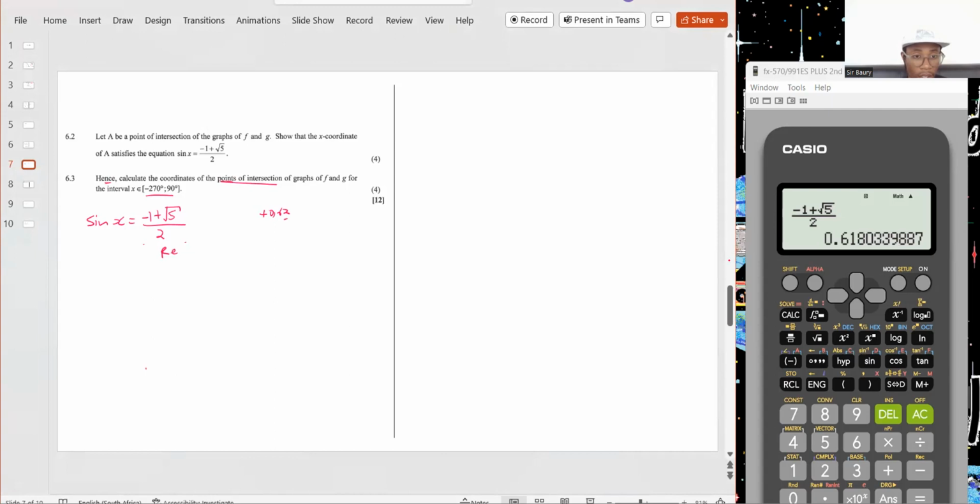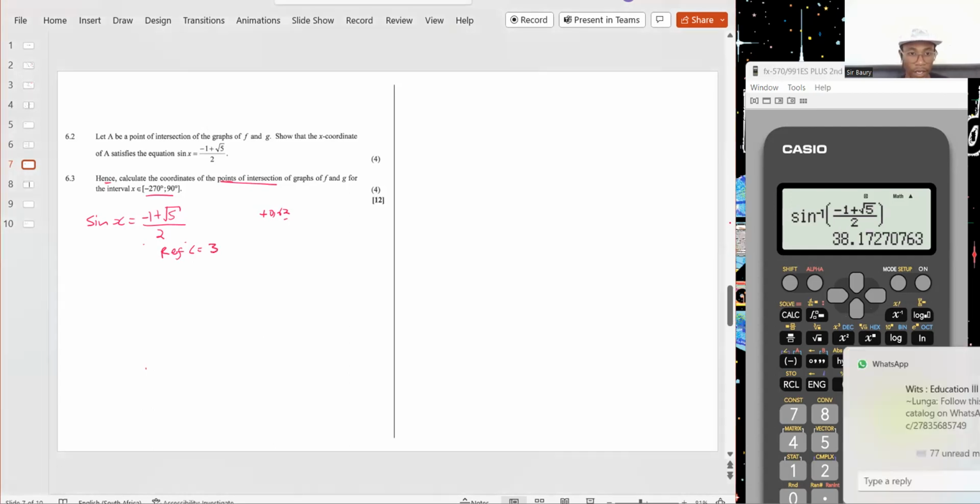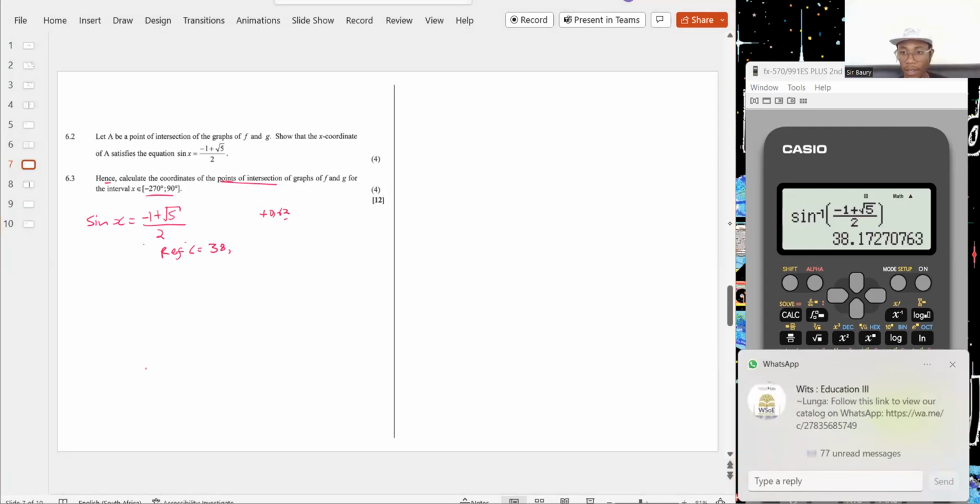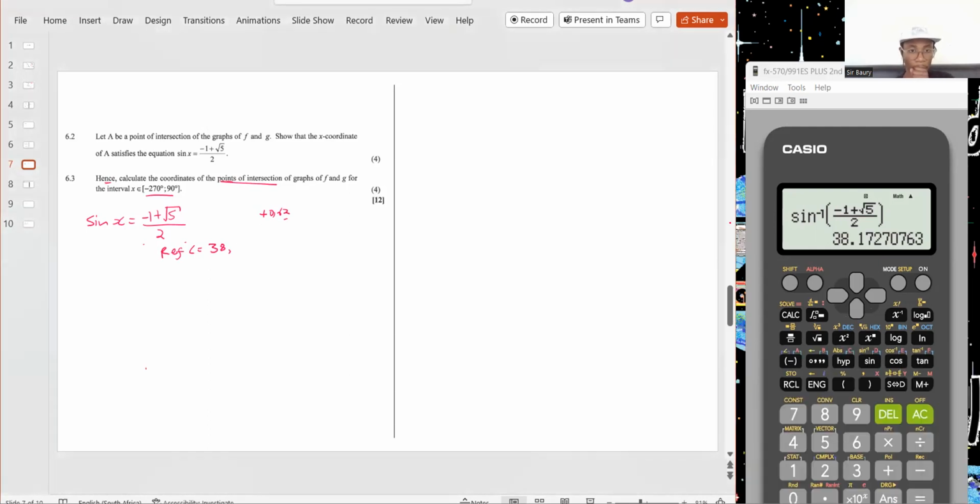I'm going to calculate the reference angle using the inverse function. This gives me 38.17 degrees. That is my reference angle. I know that this is positive.